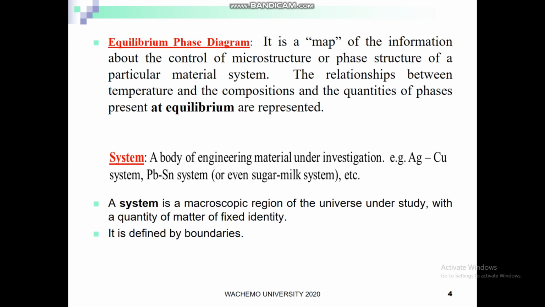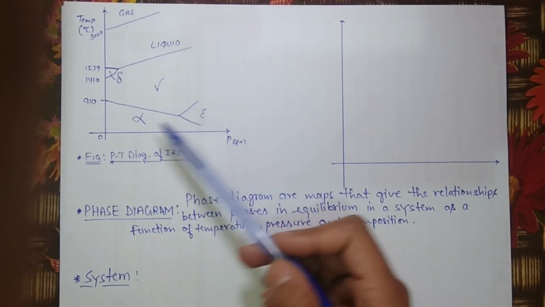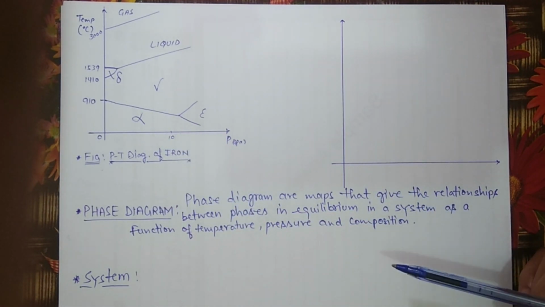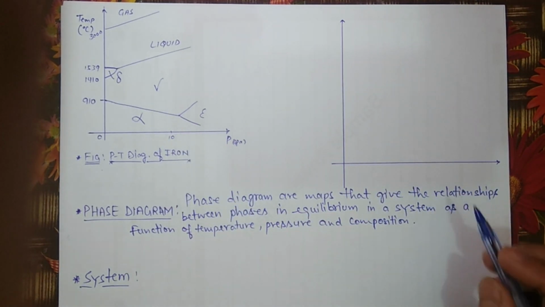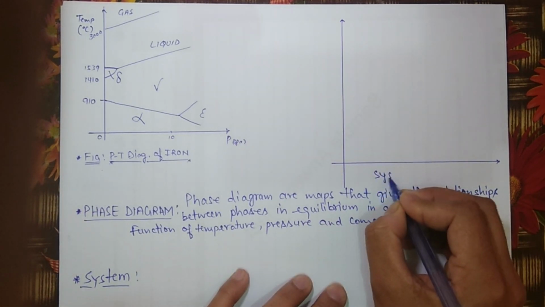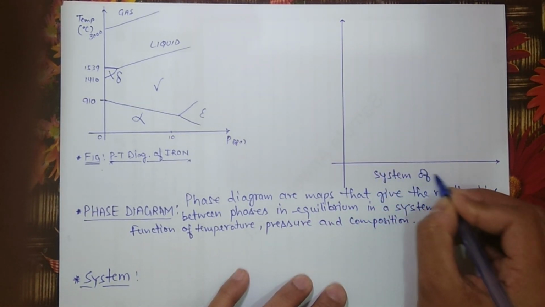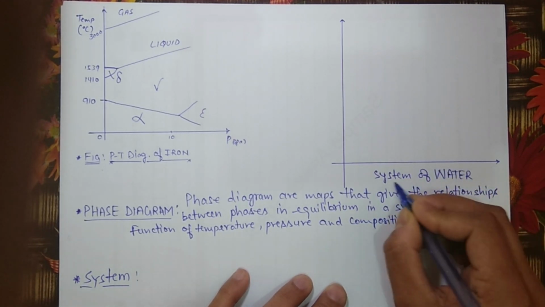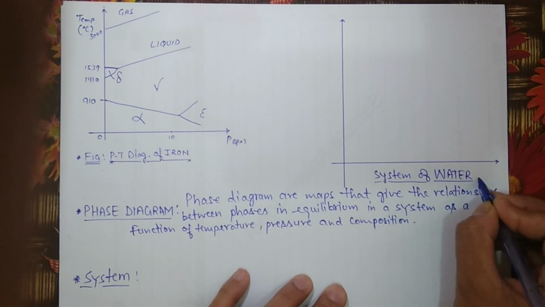Like for example, just now we have seen a system of iron. You have seen the system which has different regions, and all the regions of study are separated by the boundaries. In the same way, we have a system of water that we are going to see in a while.